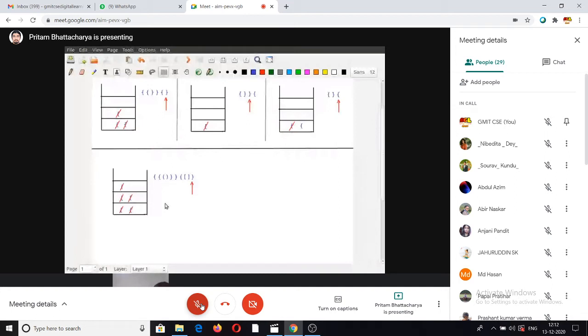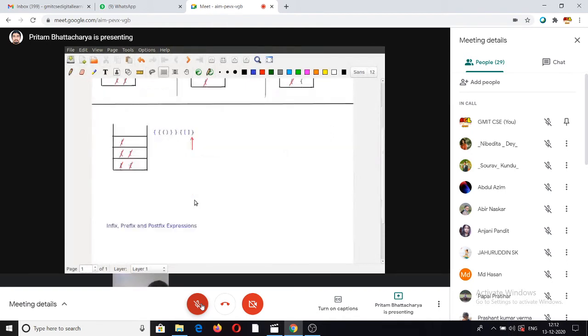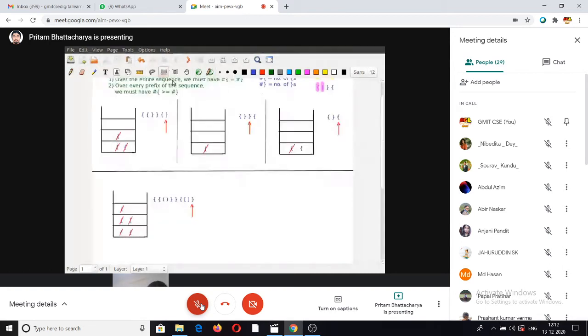That opening bracket has to be of the same type. Only then is it a valid balanced parenthesis. Okay. Moving on then to infix, prefix, and postfix expressions.